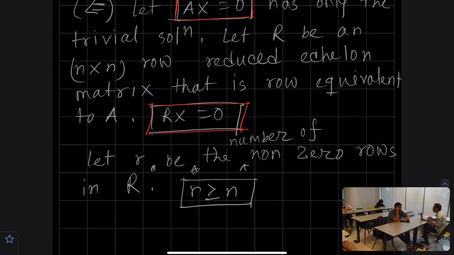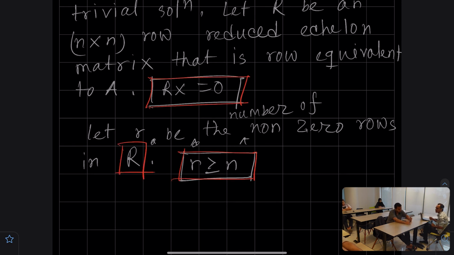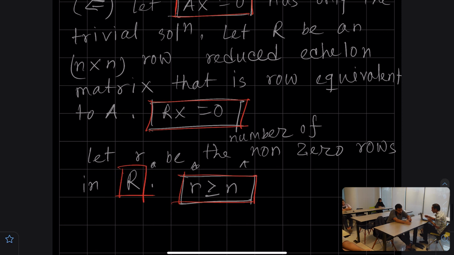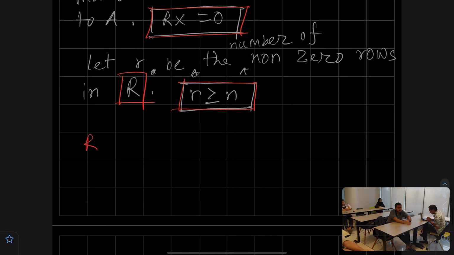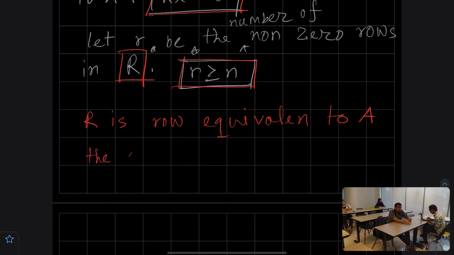But r is the number of non-zero rows in the matrix R, right? And R is row equivalent to the matrix A, and the size of A is n cross n.